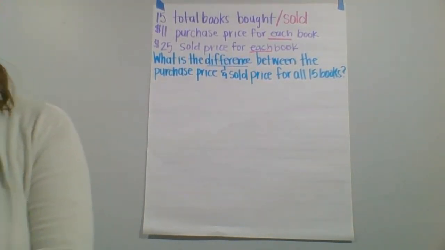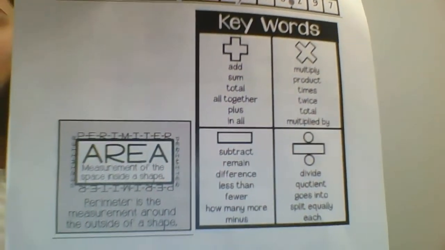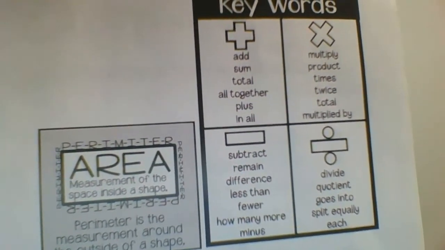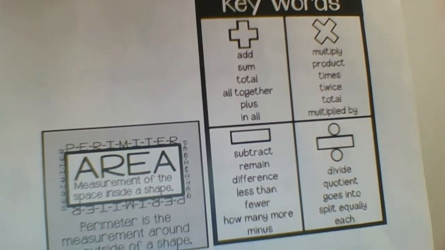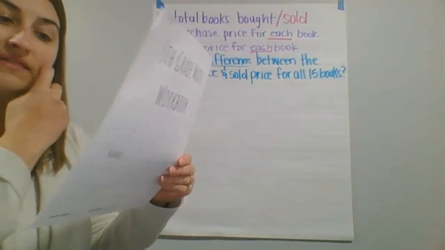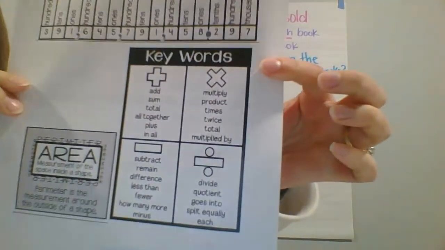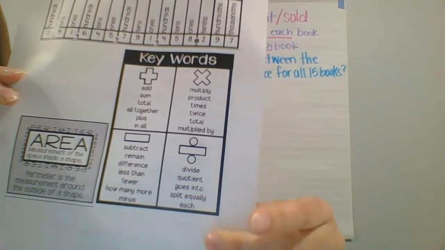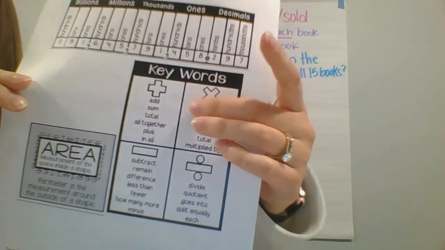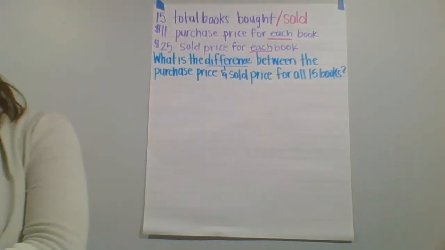So first of all, we want to think about those operation clue words and what that word each is telling me to do. If we're looking at our keywords, and this is on page 4 of your packet, I'm seeing the word each in division, but we also know that multiplication can mean each as well.